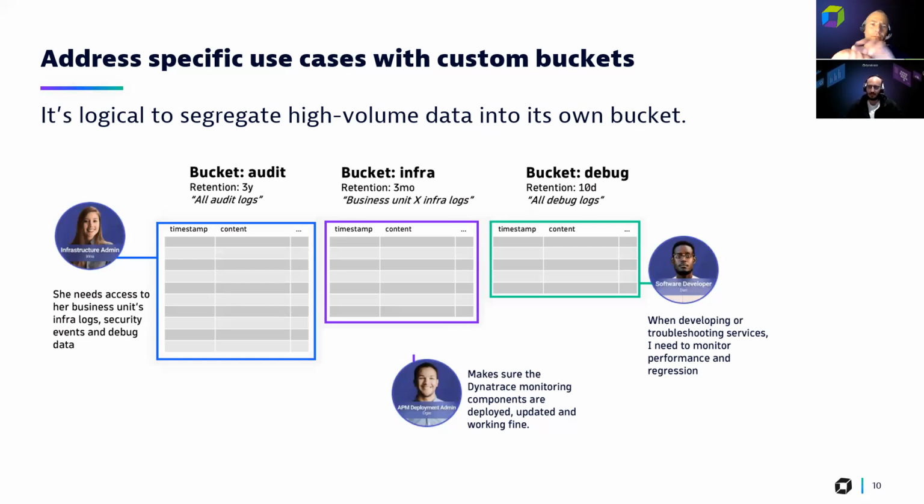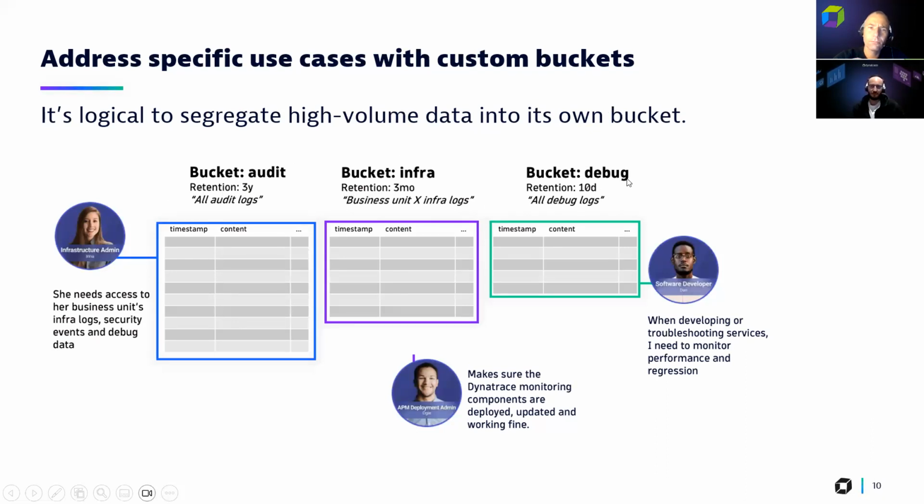What does it mean? There are three different scenarios. In the first, the business units might want to access the audit logs. In the second, the team needs to access infra logs, and the third one is the backlogs. As you see, the retention period for each team and each use case is different.